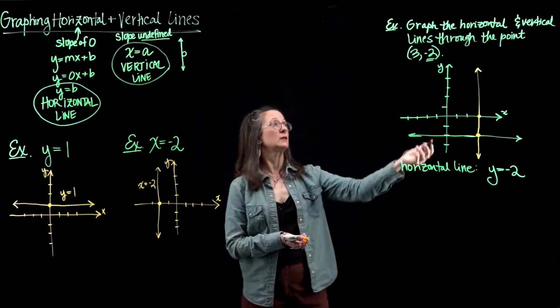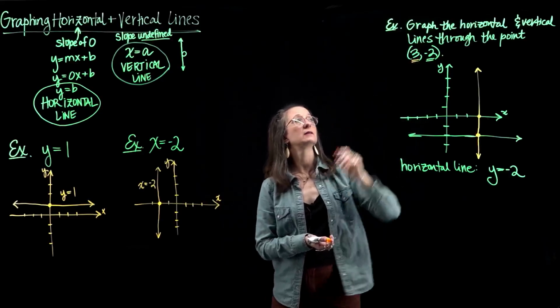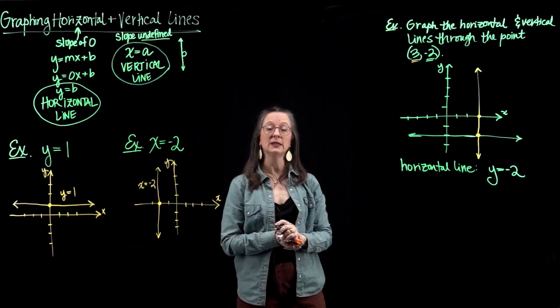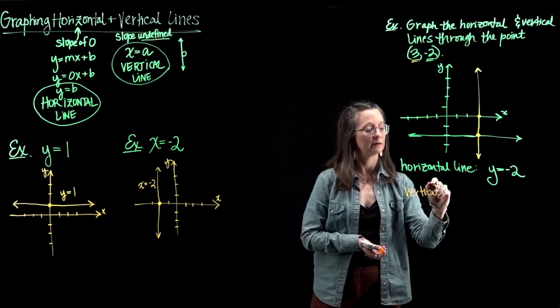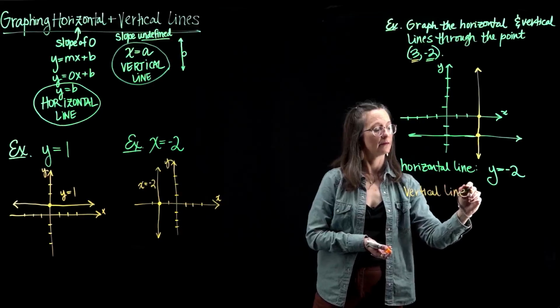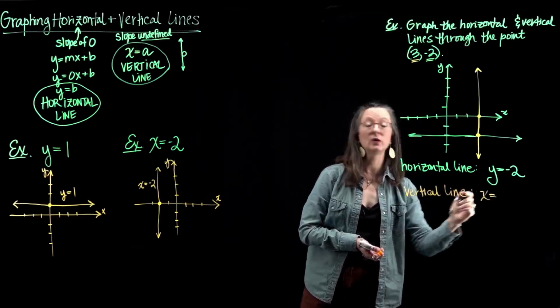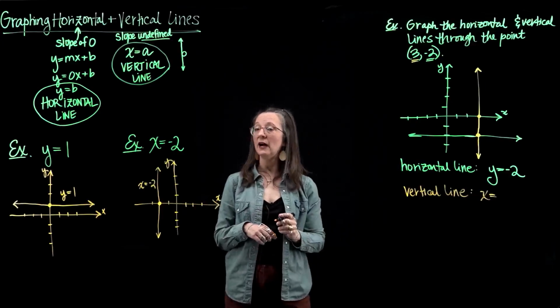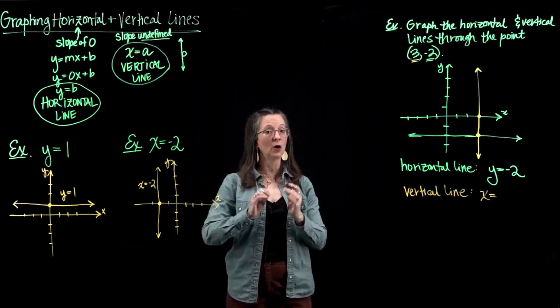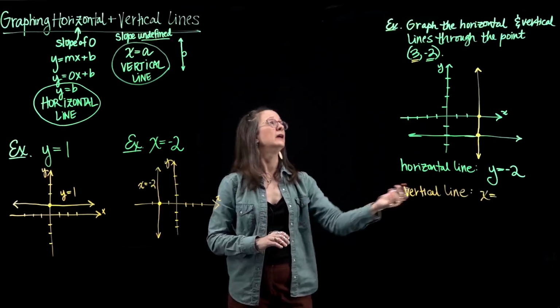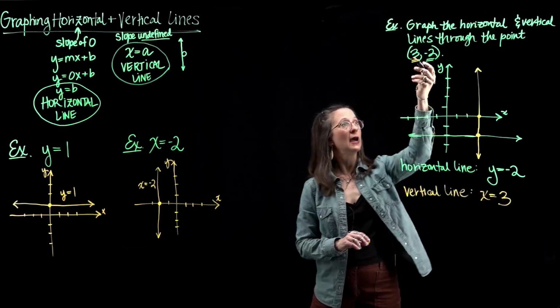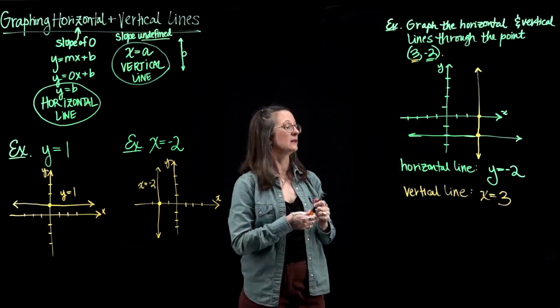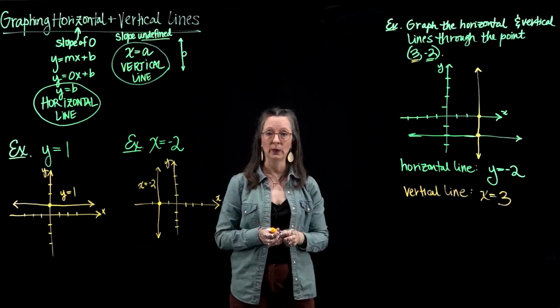That's on purpose. If you notice in our point, 3 is the x-coordinate. So for the vertical line, it's x equals, because vertical is always defined by x, and it's x equals 3. The x-coordinate of the point gives us the vertical line through that point.